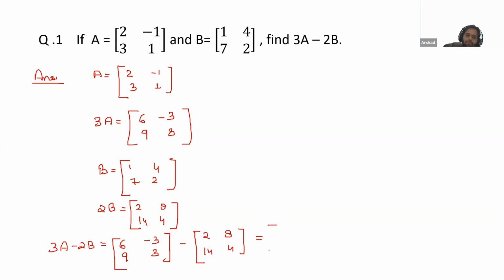This is equal to 6 minus 2 is 4, minus 3 minus 8 is minus 11, 9 minus 14 is minus 5, and 3 minus 4 is minus 1. So this is a simple subtraction, which you already know. The same thing was written in the previous slide. Whenever we need to subtract two matrices, we will just subtract the elements which are present in the matrix.